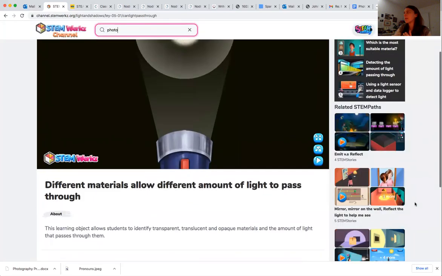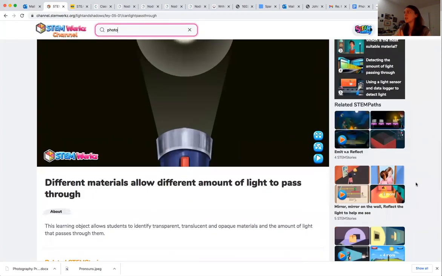You can also get them to look at things like reflection, so the mirrors on the wall, and putting the light up against the mirror and seeing what happens. Or even working with crystals. That's one of my favorites with primary school teachers, looking at the way in which the light passes through crystals. Some of them may have that at home.